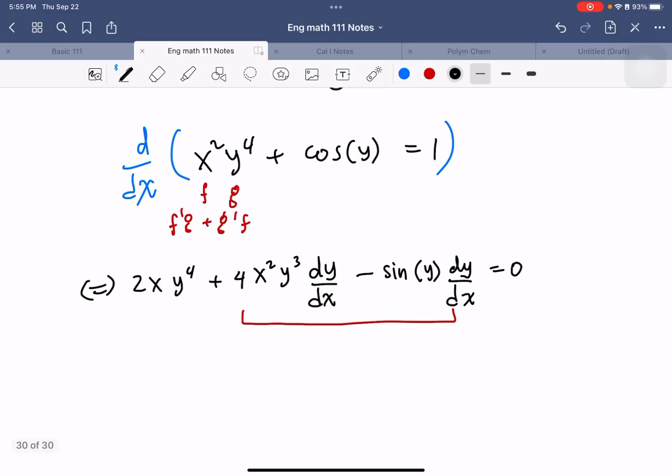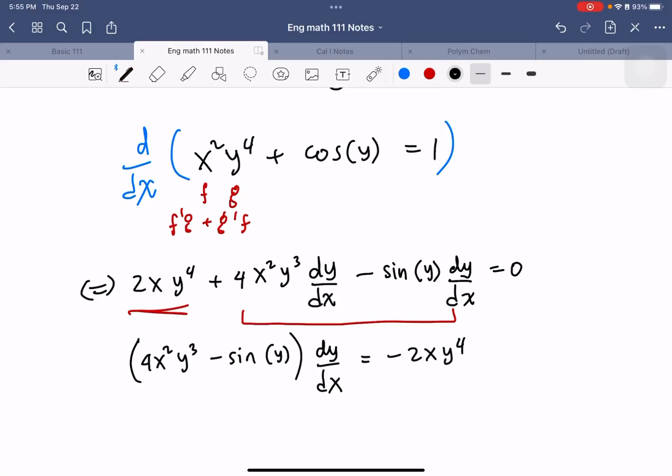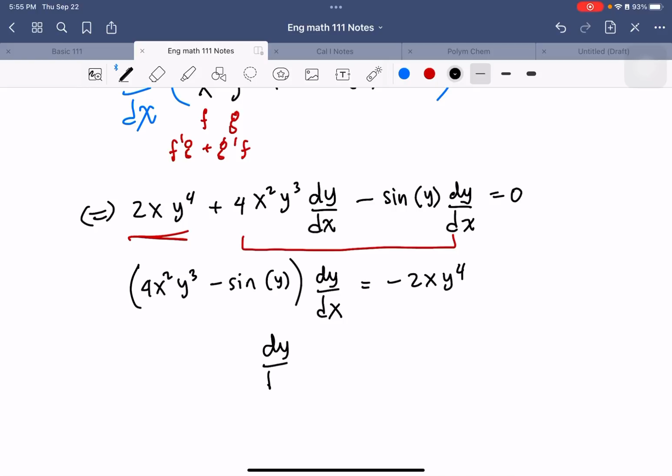Grouping all together, it will be 4x squared y cubed minus sine y, and then dy over dx, and move 2xy4 to the right side, and we get dy over dx is equal to negative 2xy4 over 4x squared y cubed minus sine y.